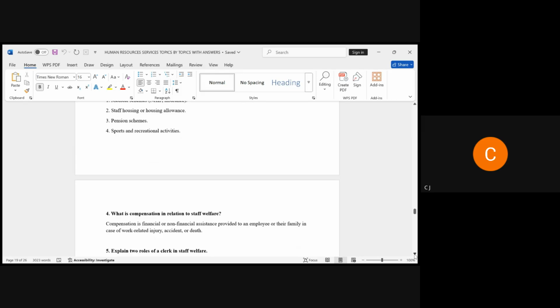Explain two roles of a clerk in staff welfare. Roles zako in staff welfare.